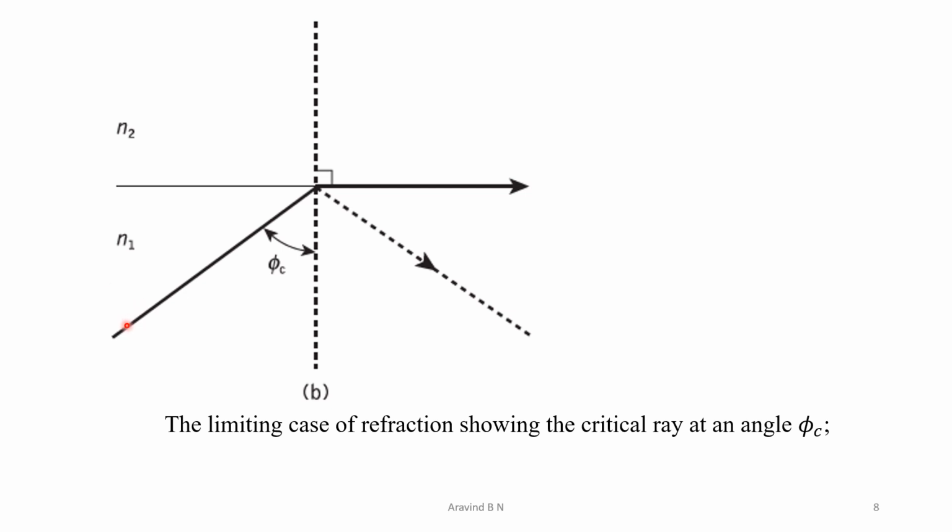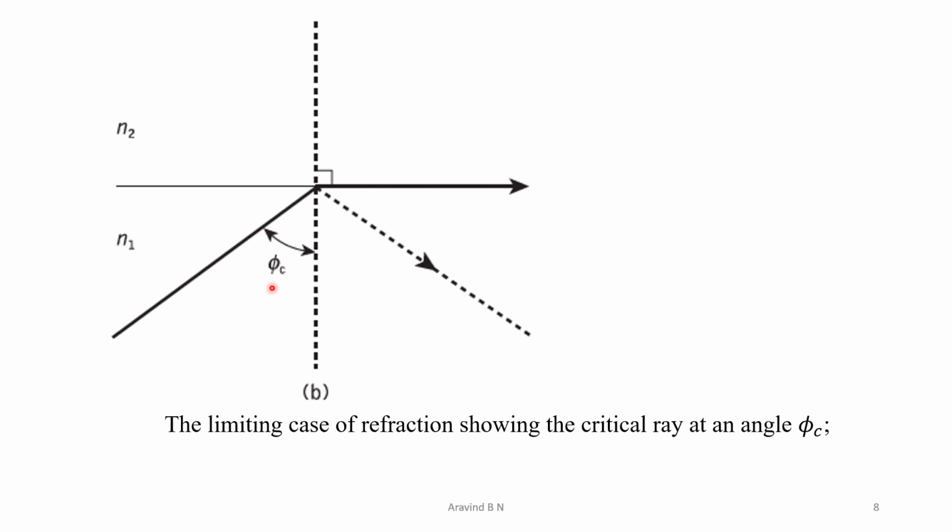Now we can observe that at the interface of these two layers, the refraction is exactly in line with this interface. The angle of incidence we call phi c, and the angle of refraction is 90 degrees. So this is in line with the core-cladding interface.